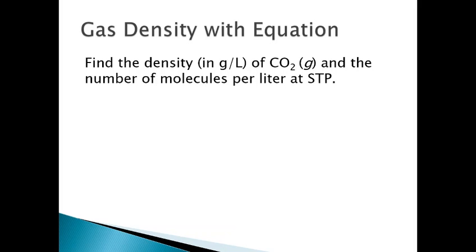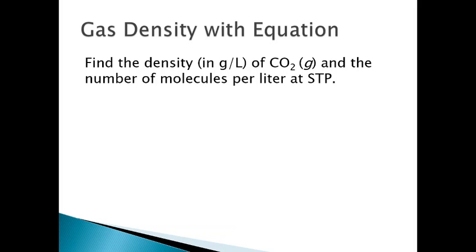In CO2 there's 1 carbon and 2 oxygens. Carbon has a molar mass of 12.01, and oxygen has an atomic mass of 16. And so the molar mass of our CO2 is 44.01 grams per mole.